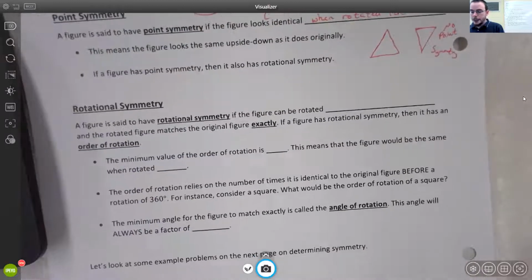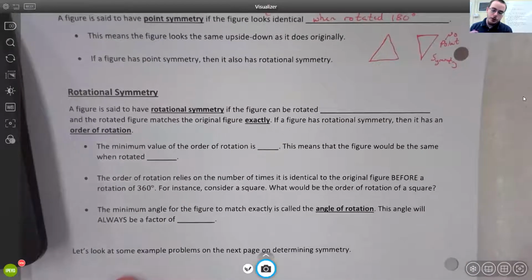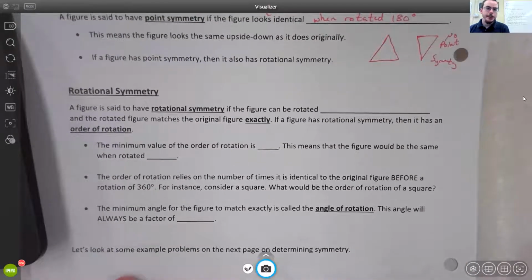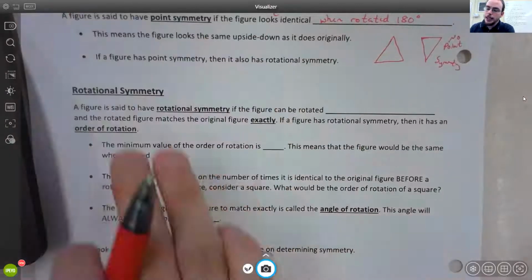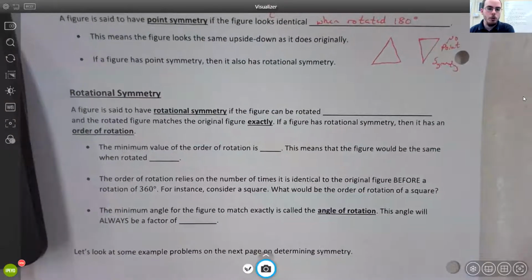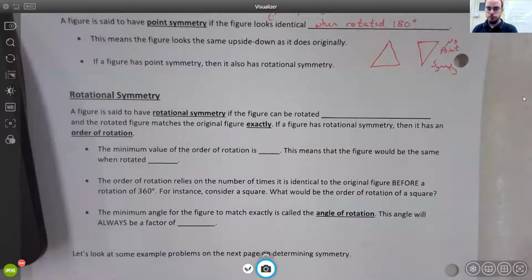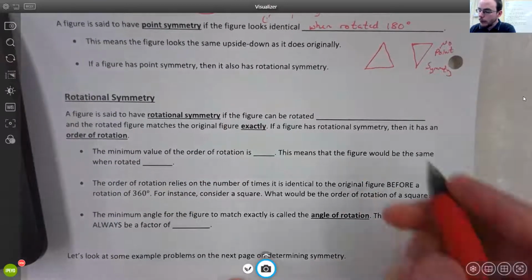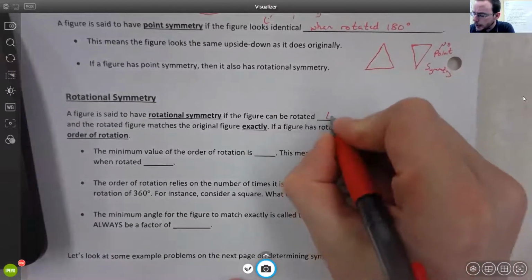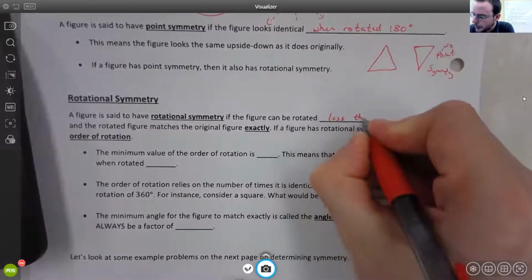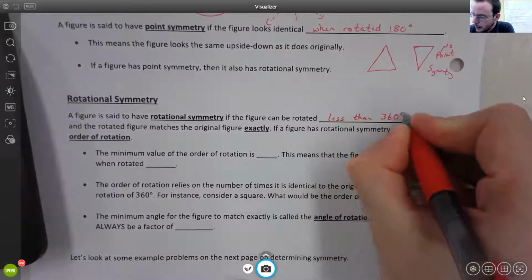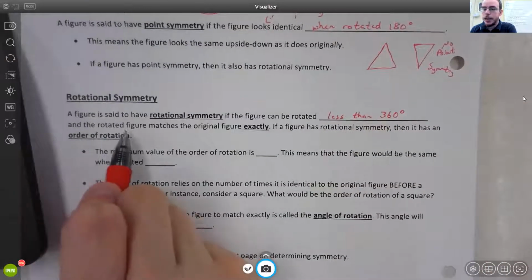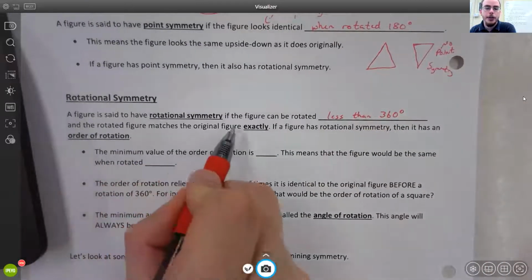All right, and the last bit here, rotational symmetry. I just throw this in just in case you ever do see it. But the line symmetry and point symmetry is what we're worried about. A figure is said to have rotational symmetry if the figure can be rotated less than 360 degrees and the rotated figure matches the original figure exactly.